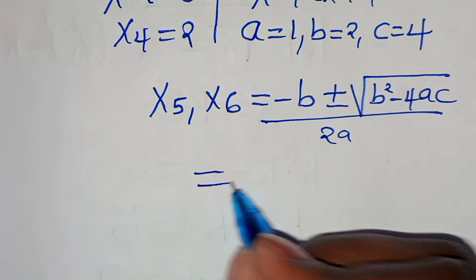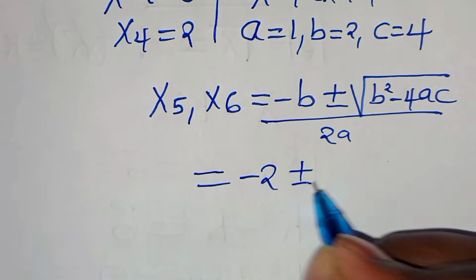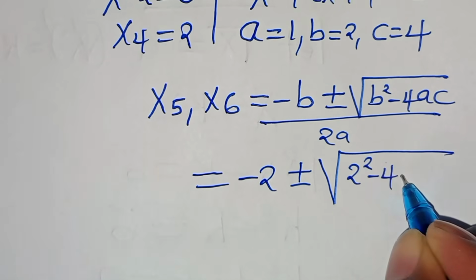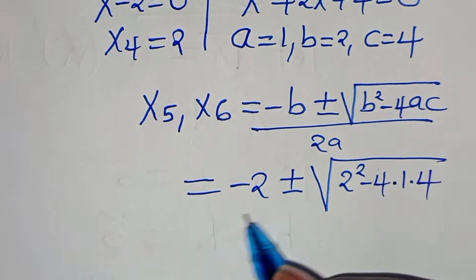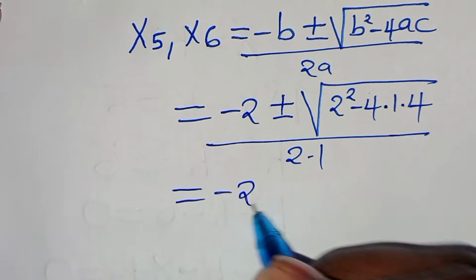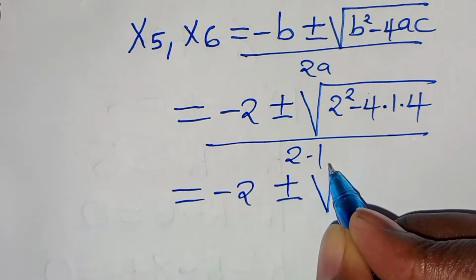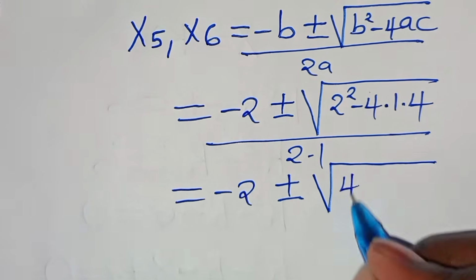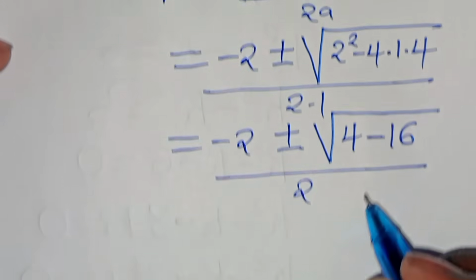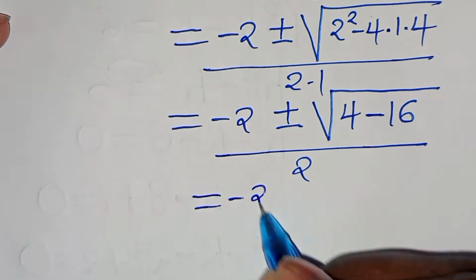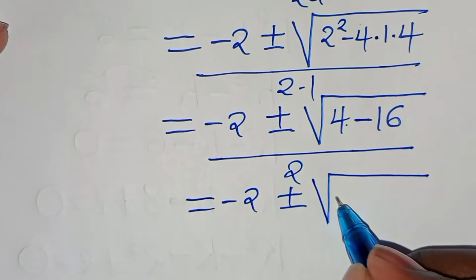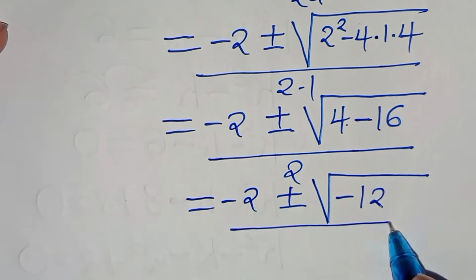So this is equal to negative 2 plus or minus the square root of 2 squared minus 4 times 1 times c, which is 4, divided by 2 times 1. So this becomes negative 2 plus or minus the square root of 2 squared, this is 4, minus 16, divided by 2. This is negative 2 plus or minus the square root of negative 12, divided by 2.